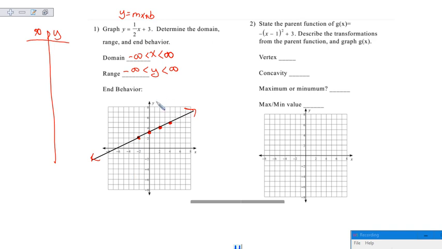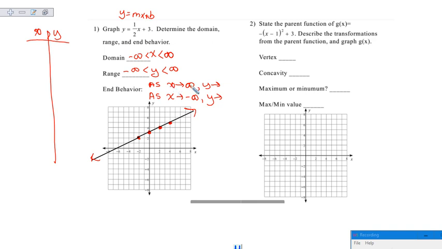Now for end behavior, our framework for end behavior is as x approaches infinity, what does y approach, or f of x approach? And as x approaches negative infinity, what does y approach?